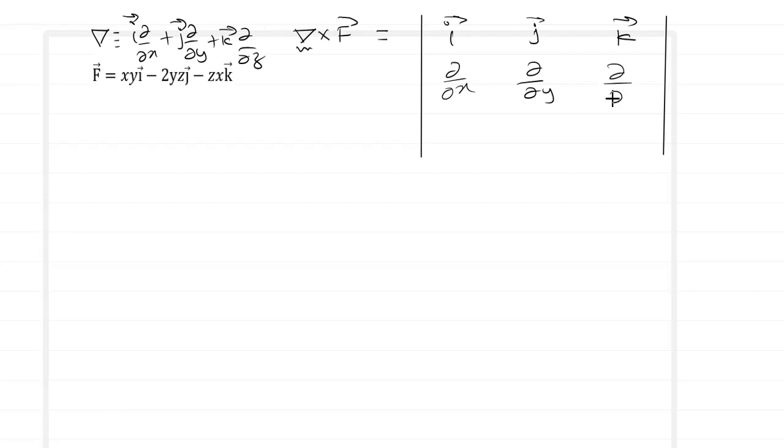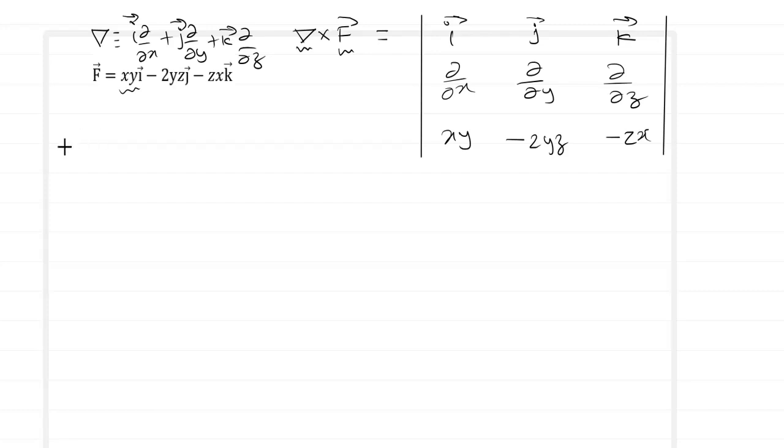Dou by dou z. So we have filled the second line. What comes next in the cross product? F. What is the i component here? xy. What is the j component? Minus 2yz. What is the k component? Minus zx.